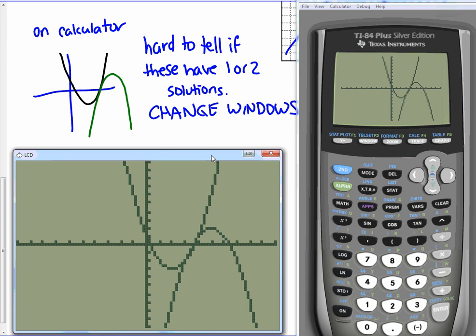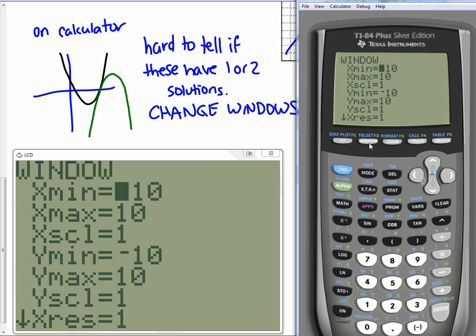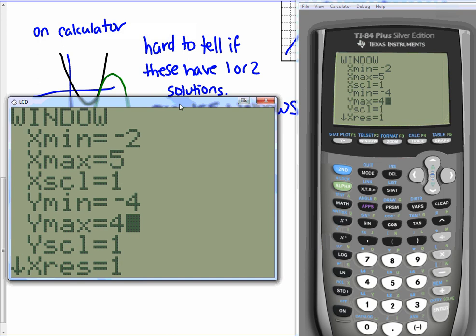So x, let's go a little bit more, because this is kind of close. You could do 1 or 2 for x to 5. Let's change x to go from -2 to 5, and y will go from -4 to 4.